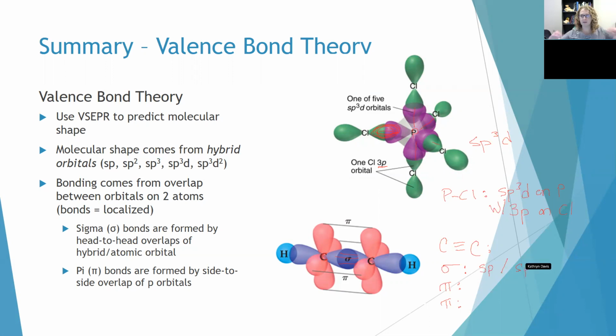So the hybrids made the single bond because of head-to-head overlap. The pi bonds were 2p orbitals overlapping one another. And that was, instead of head-to-head overlap, side-to-side overlap. And that overlap, again, is the space where the electrons hang out.